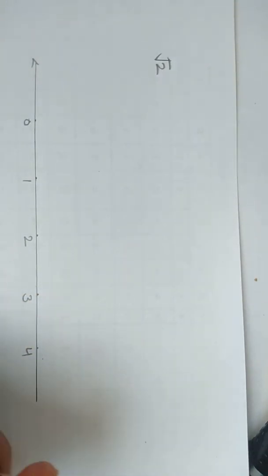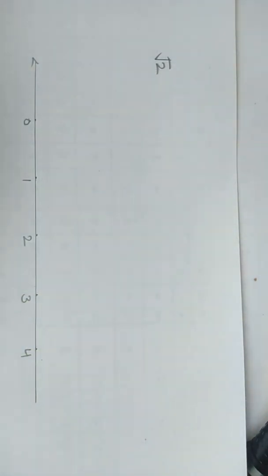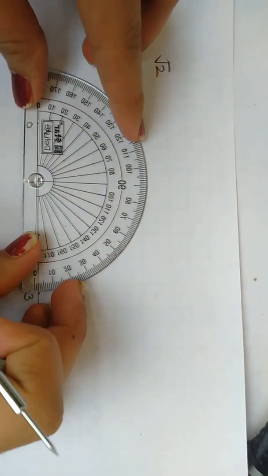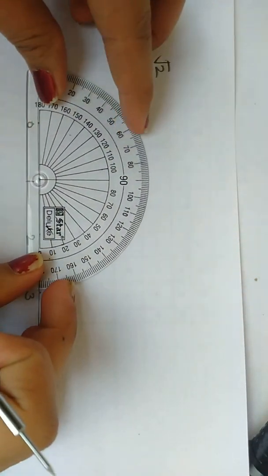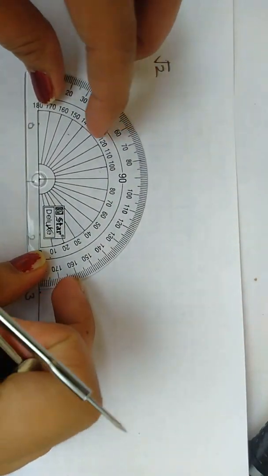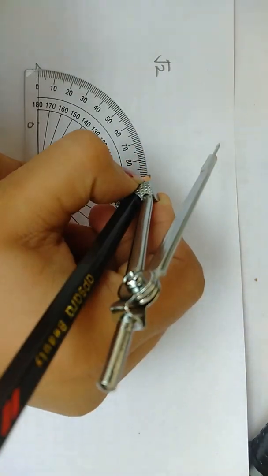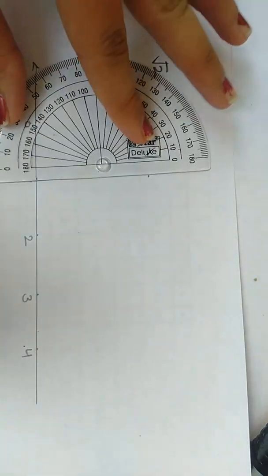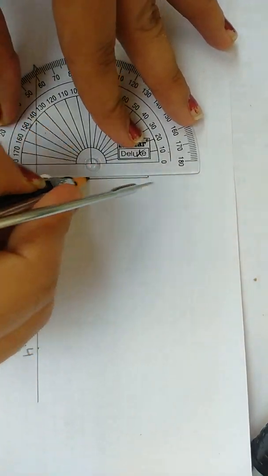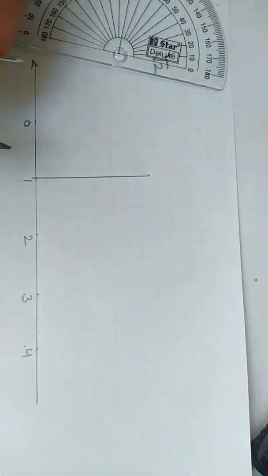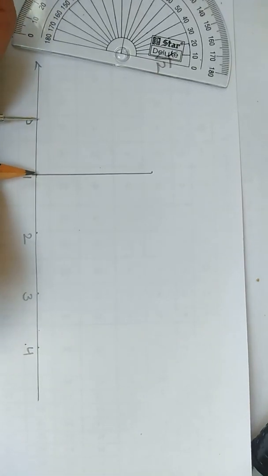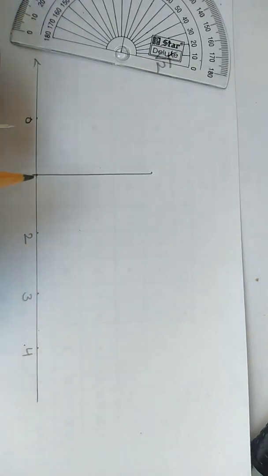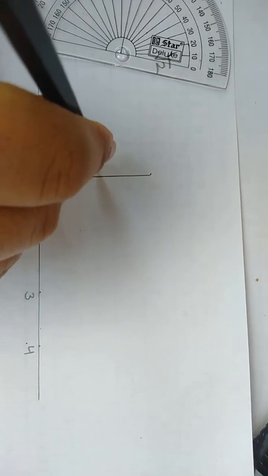Now what we have to do, we have to draw a perpendicular at a distance of 1 unit this way. Now we open an arc of 1 unit and cut the perpendicular like this.